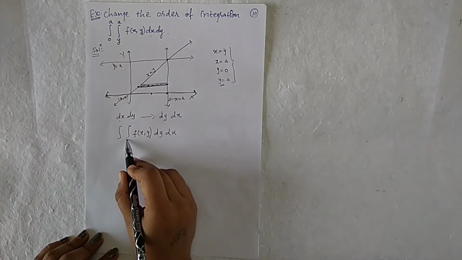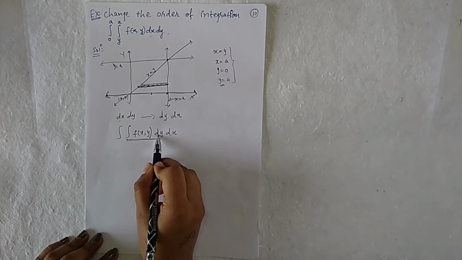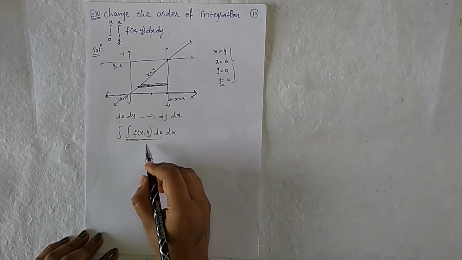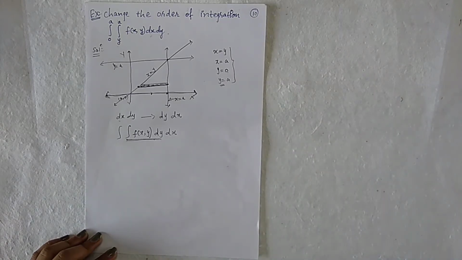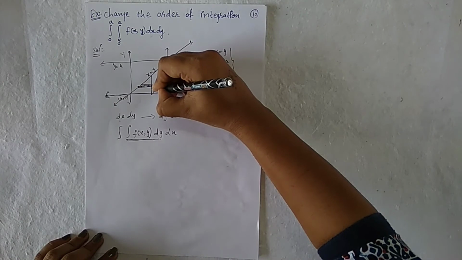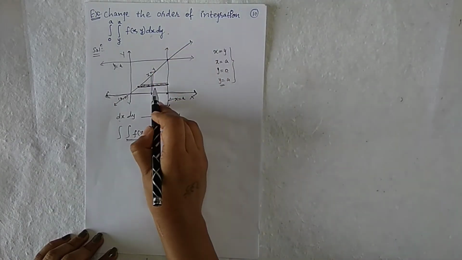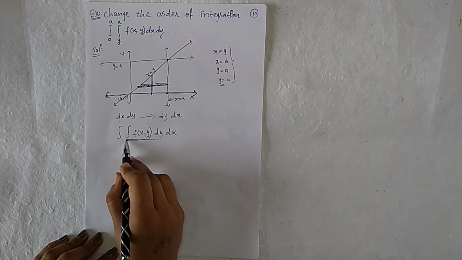Right. So here we are integrating with respect to y. So in that case, we are taking a small strip along the y-axis. Suppose this is the small strip along the y-axis. So first we are putting the limit of y.